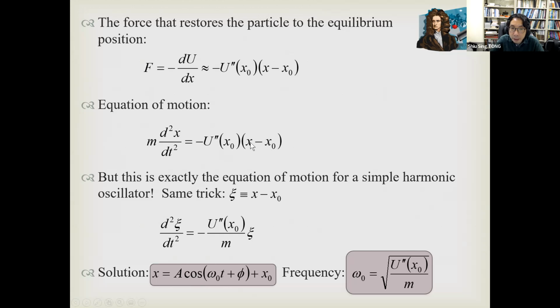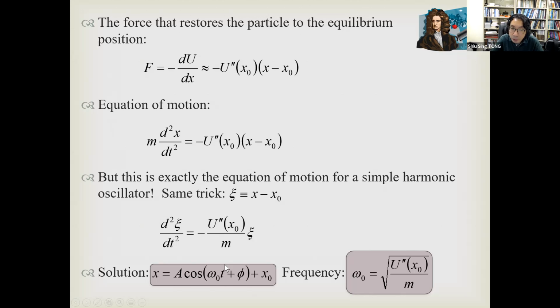If I replace x minus x naught by c, the second derivatives of x and c are the same. So I get a simple harmonic motion equation. And of course, the constant here is the square of the frequency.